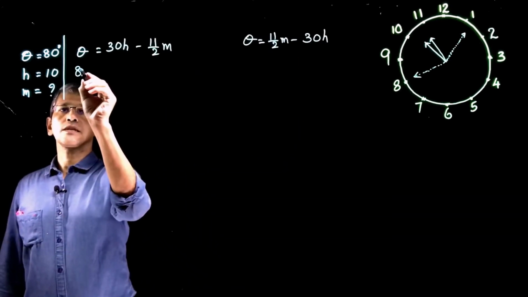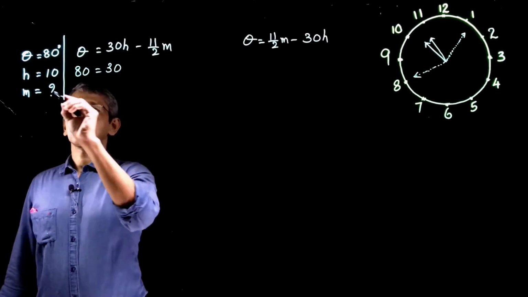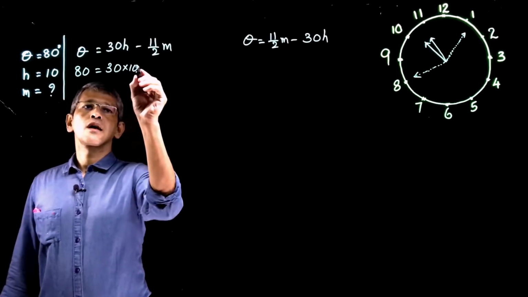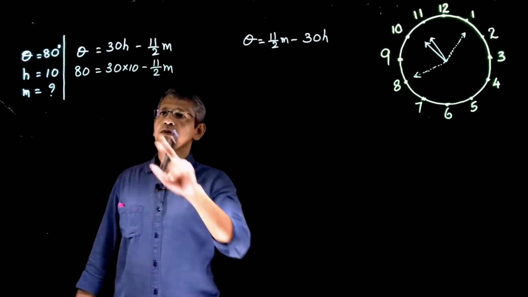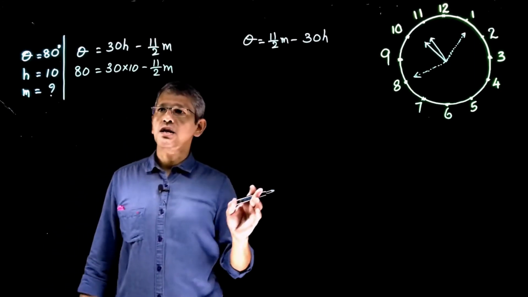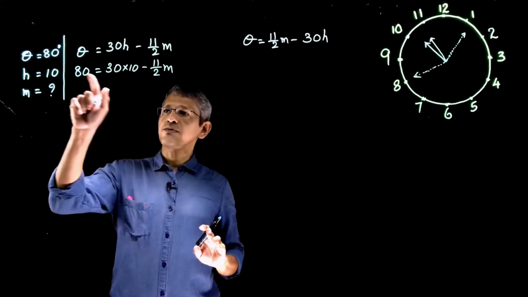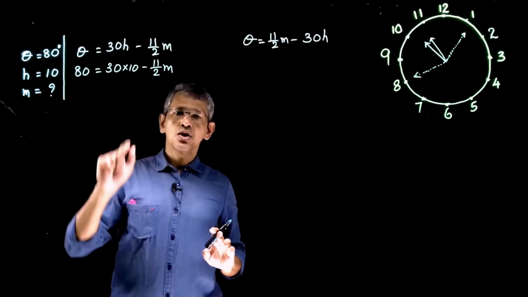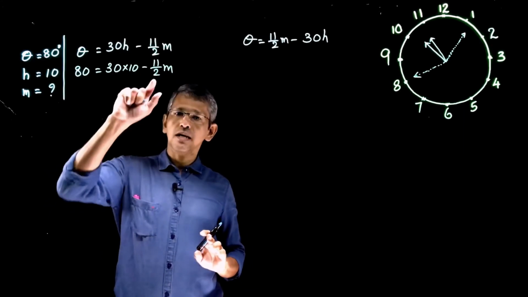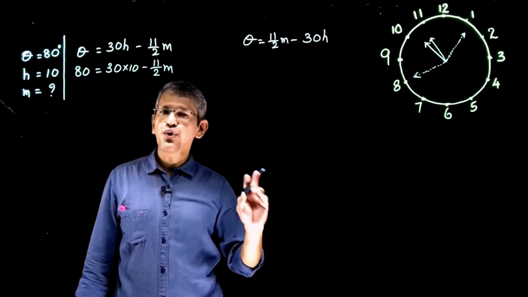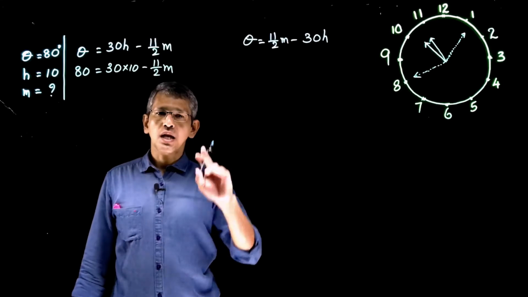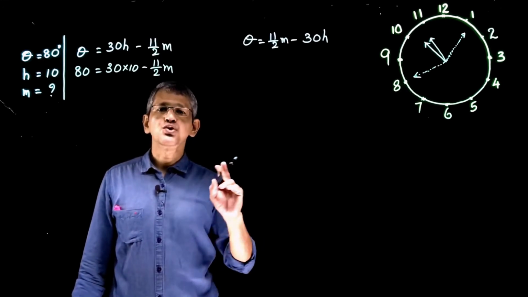Theta is equal to 80, and 30 into h, which is 10, minus 11 by 2m. Next, 30 into 10 is 300, and 300 is positive, and we'll take that 80 to the right hand side, so 80 becomes minus 80. 300 minus 80 is 220, right? So 11 by 2m is 220.